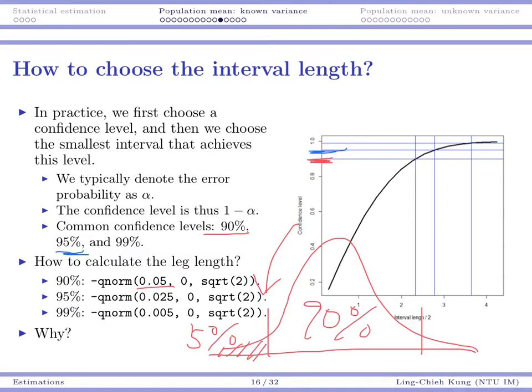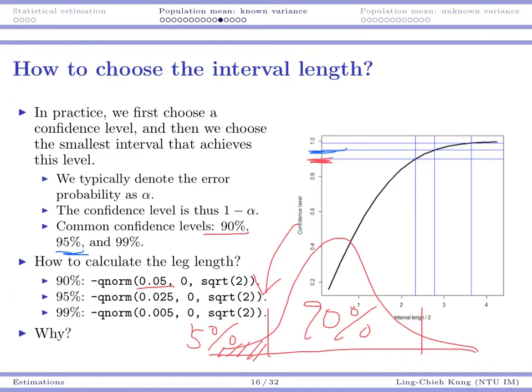Okay? We also need to enter those numbers for mean and standard deviation. Here I'm going to put 0 as the mean, and the square root of 2 as the standard deviation. This is the standard deviation of my sample mean, right? So the curve is for sample mean, that's obvious.